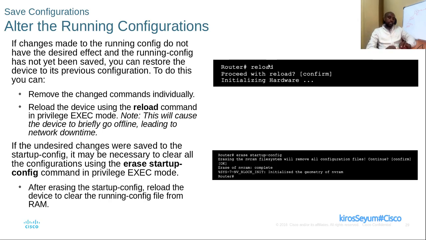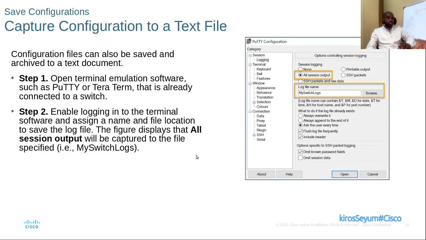If you configure something and you don't want to have that configuration in effect, just reload it to the initial state. You can reload it, or you can erase every configuration and make it the default state. If you want the configurations to be saved while you are doing some tasks, you can configure PuTTY or Kiraton.